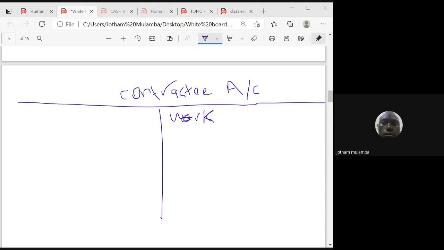The second advertisement is to look for a contractor. We say we want to construct an engineering college at this particular location. These are the expectations, what we need to achieve in that particular contract. Then we request people who can do construction and have experience in it to apply.